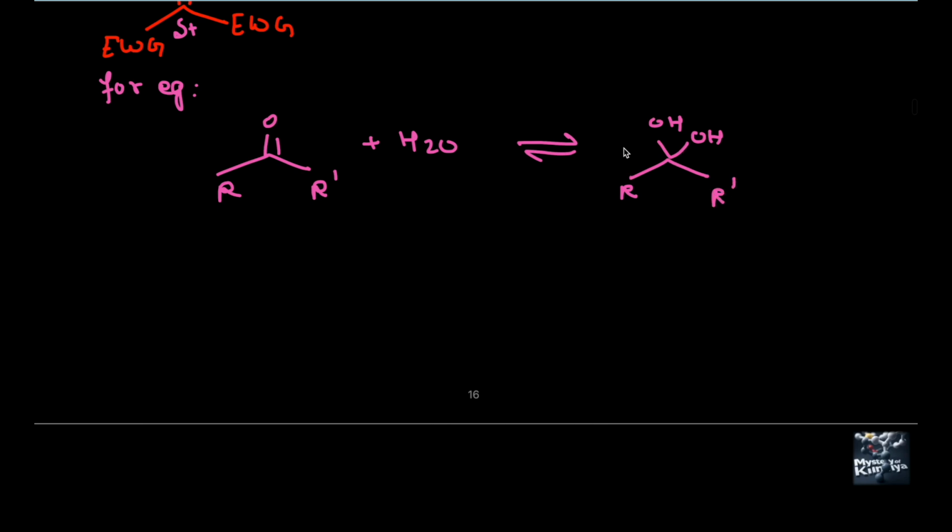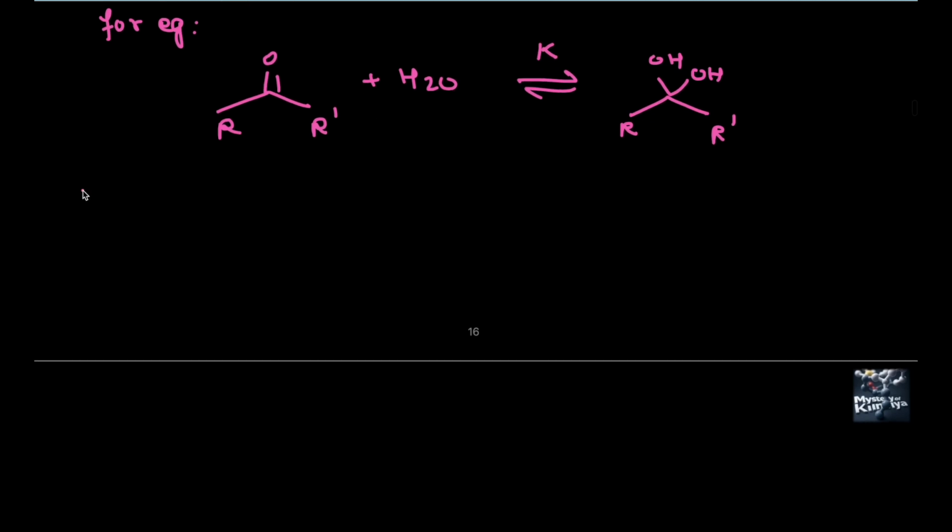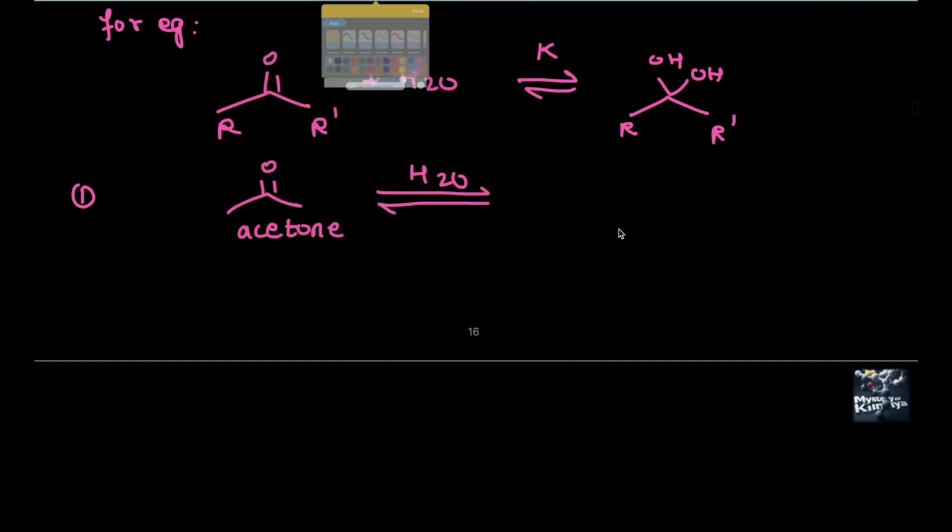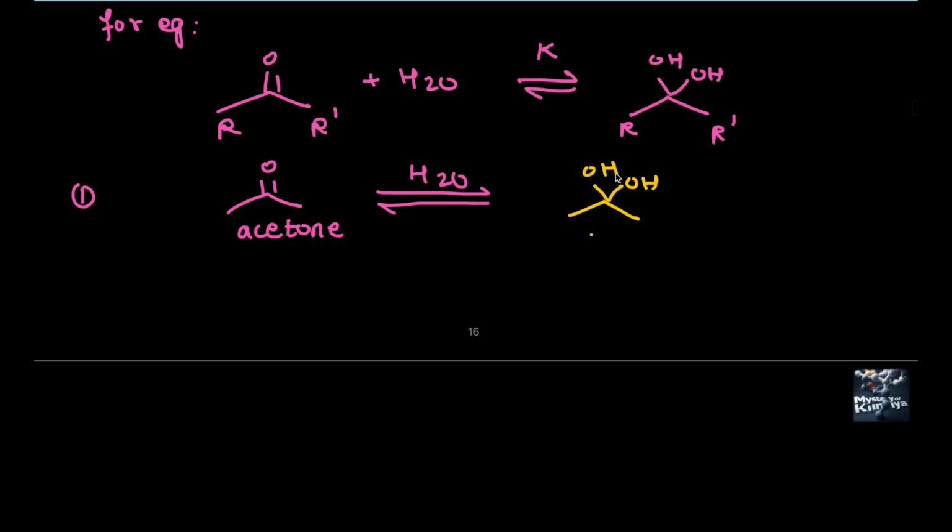For this reaction, we can express the equilibrium constant. First, taking acetone, on adding water to it we get this hydrate. Its equilibrium constant K is around 0.001.